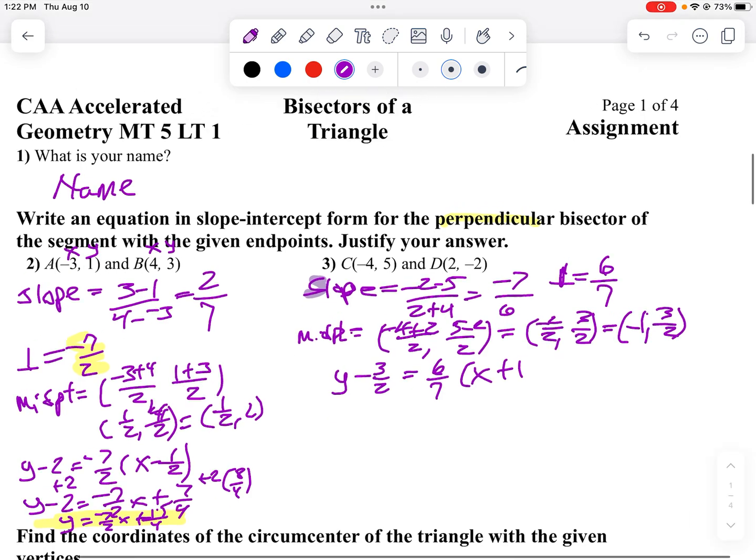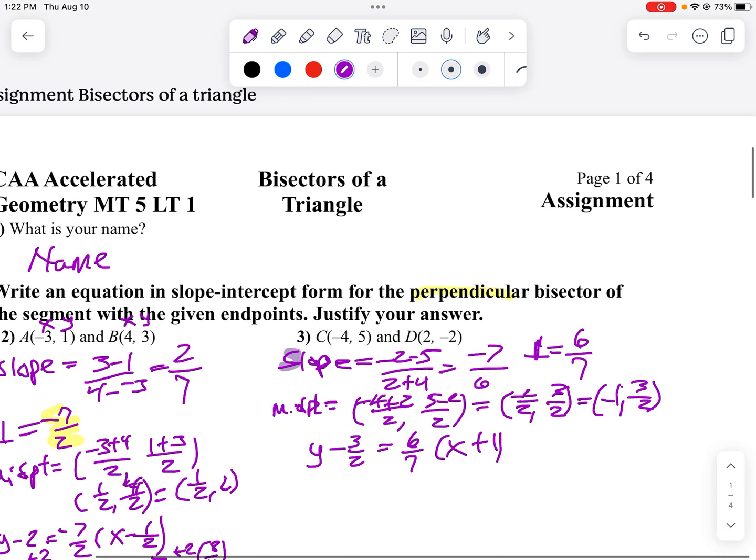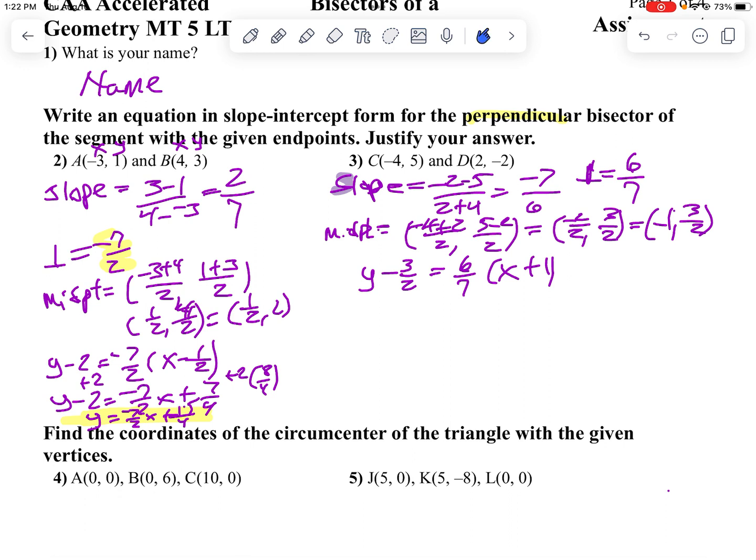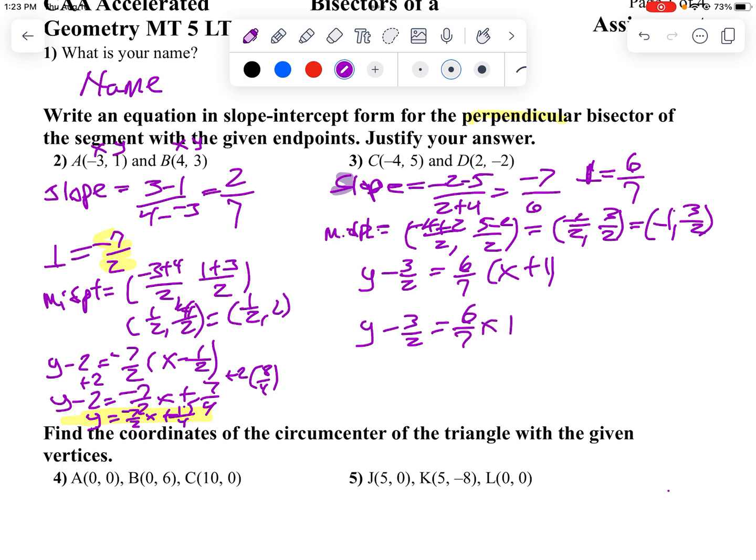X minus the negative 1 would be x plus 1. So now we'll distribute, and we're going to get y minus 3 halves equals 6/7 x plus 6 over 7. So we're going to add 3 halves to both sides.